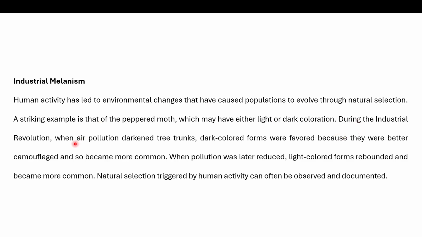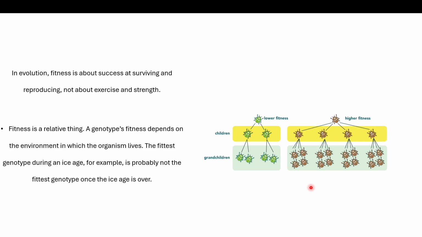During the Industrial Revolution, when air pollution darkened the tree trunks, the dark colored forms were favored because they were better camouflaged, could survive, became more common, and weren't easily spotted by predators like birds. But when pollution was later reduced, the light colored forms rebounded and became more common. So natural selection triggered by human activity can often be observed and documented.